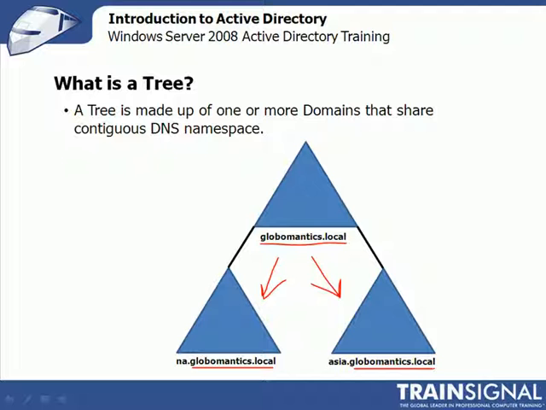Okay, that's the DNS namespace that is contiguous. What makes this a separate domain is that this is the Asia.globalmantics.local or the NA for North America.globalmantics.local domain. Okay, so on the screen here is a diagram of an Active Directory tree because it's 3 domains that share contiguous namespace.